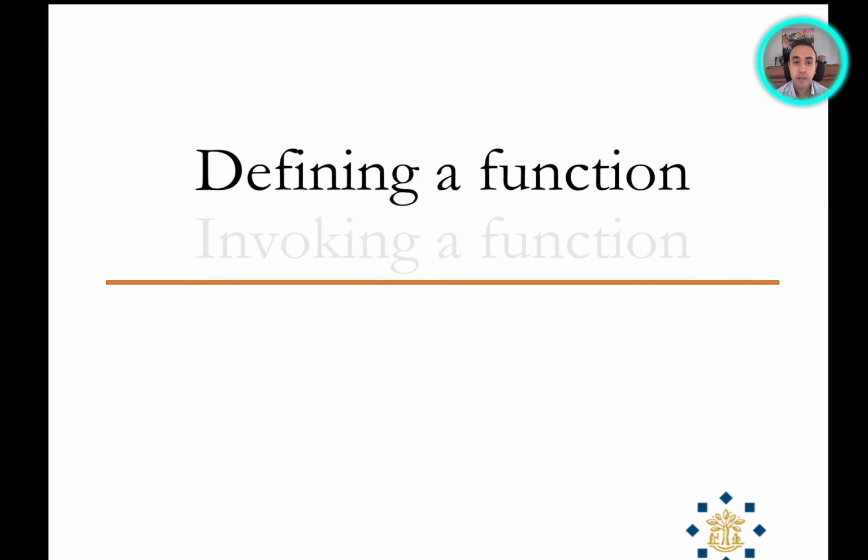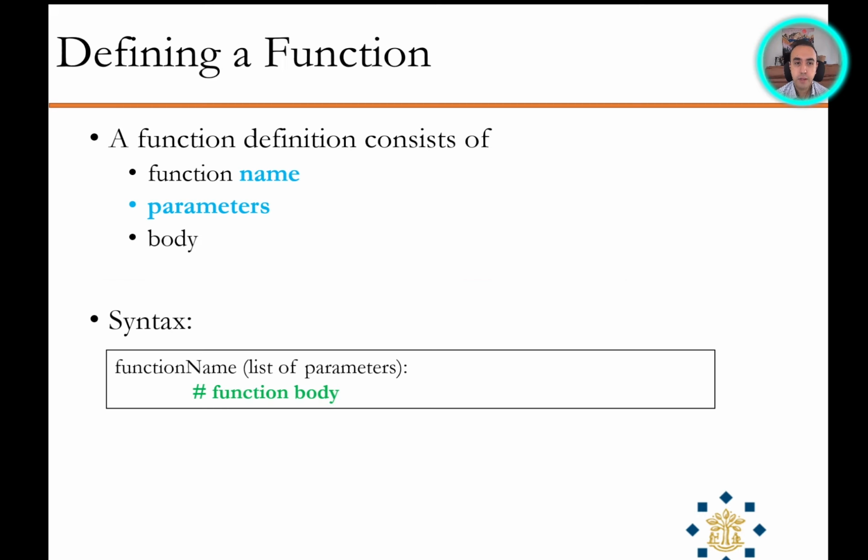So how do we create our own functions? We can first define a function and then invoke it. So a function consists of a name, a list of parameters, and a function body. So here you have the name, right? You have the list of parameters, and you go inside with one tab, just like in if and else.